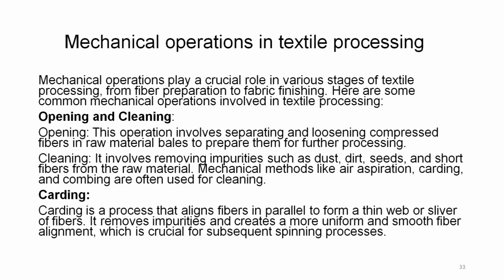Mechanical methods like air aspiration, carding and combing are often used in cleaning. Carding process. Carding is a process that aligns fibers in parallel to form a thin web or sliver of fibers. It removes impurities and creates a more uniform and smooth fiber alignment, which is crucial for subsequent spinning processes.